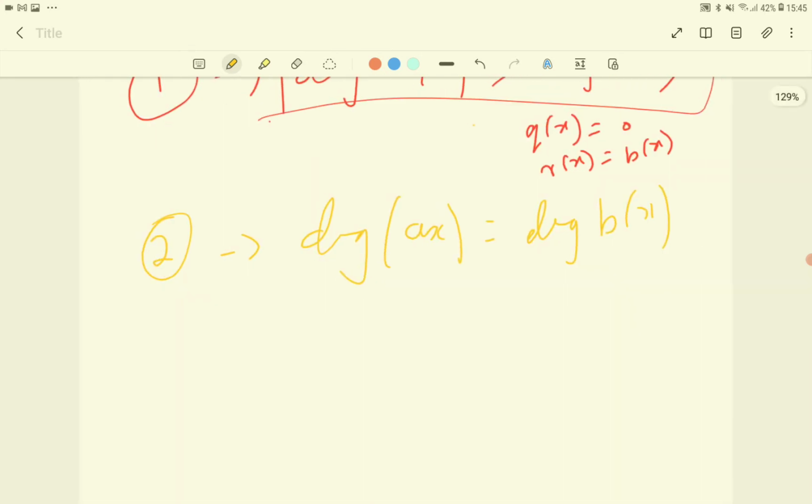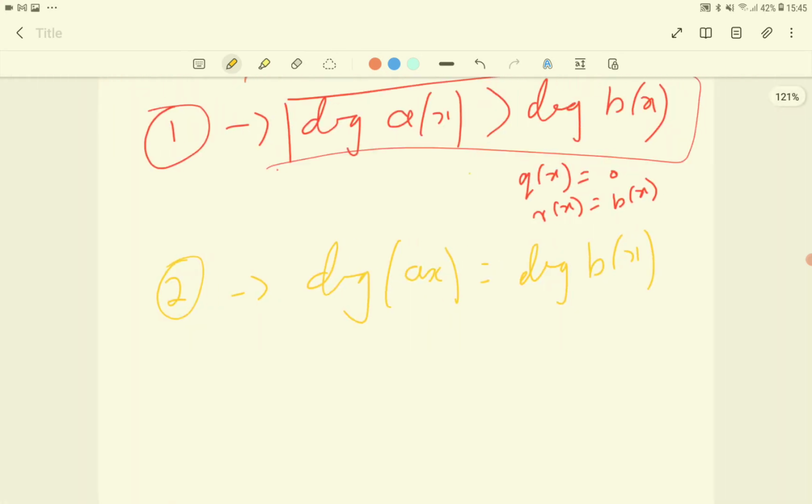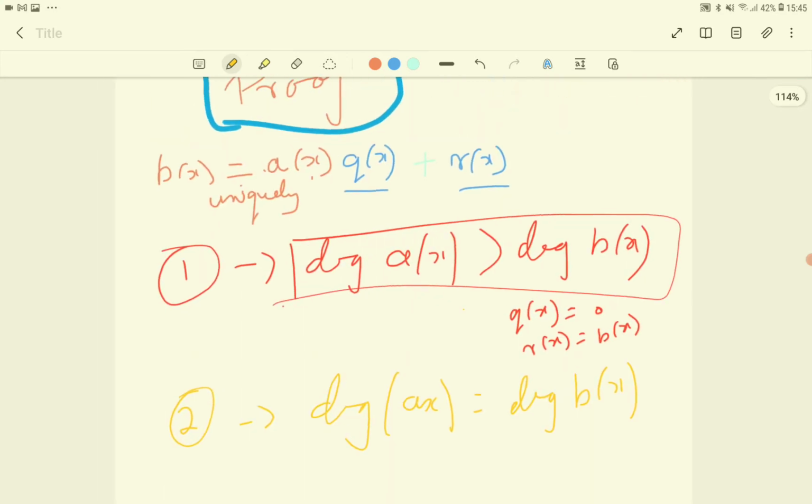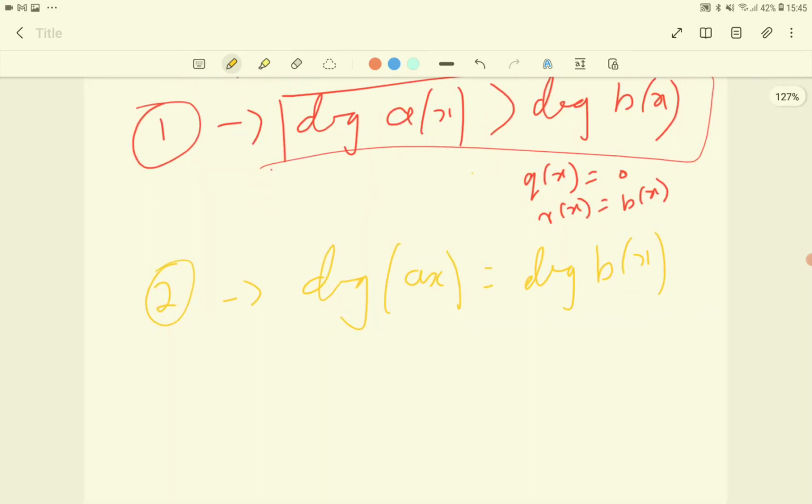In this case, again, let's write b of x as a of x, q of x plus r of x. Since those two degrees are the same and we want the degree of r of x to be less than the degree of a of x, we want the degree of r of x to be less than the degree of b of x.